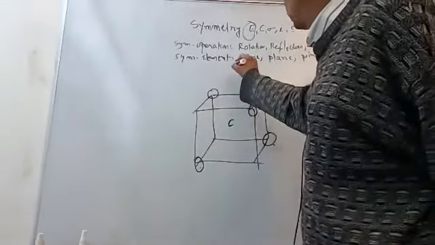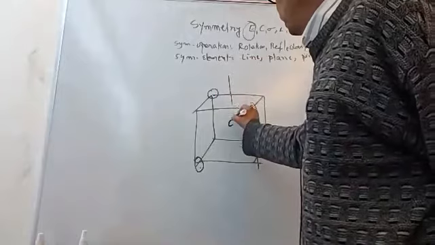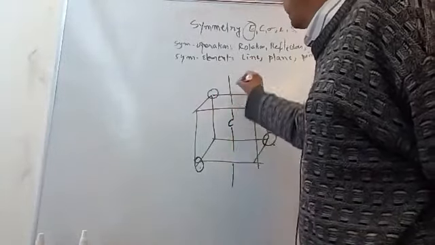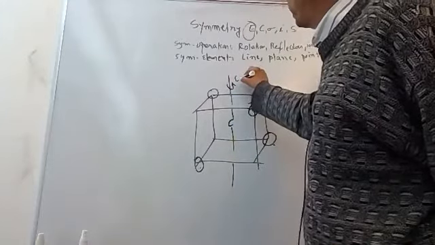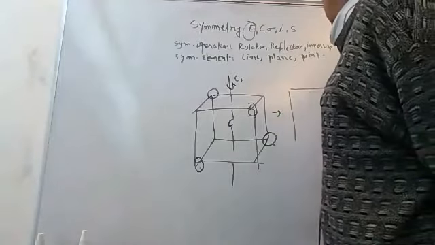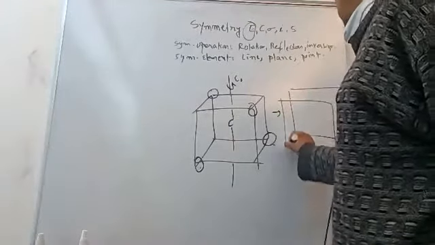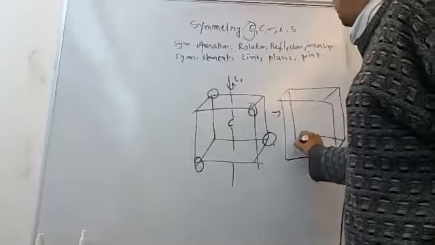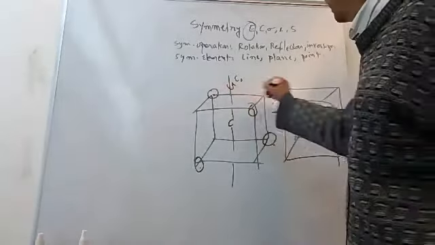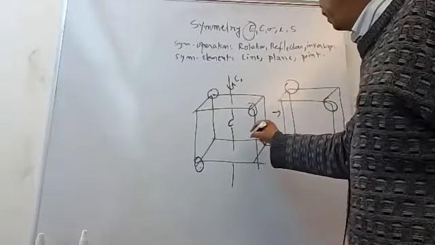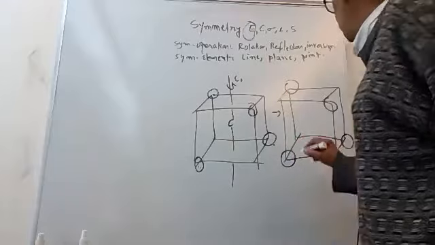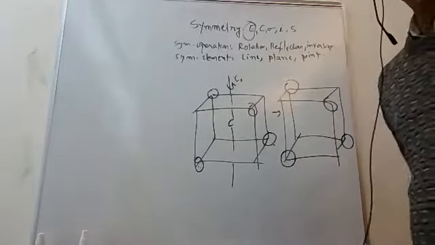Now, if I were to draw a line that goes through the carbon, comes to the floor, comes back here, and rotate this by 180 degrees, what do I get here? This will come here, that will go there. And because I'm rotating, this will come there, that will go there. And the resulting configuration is the same.